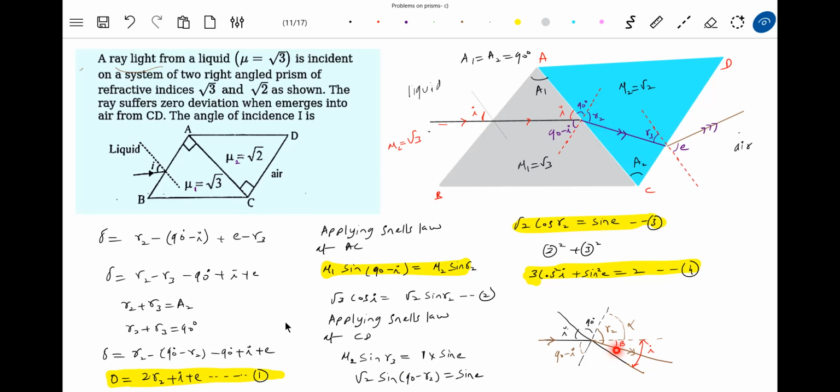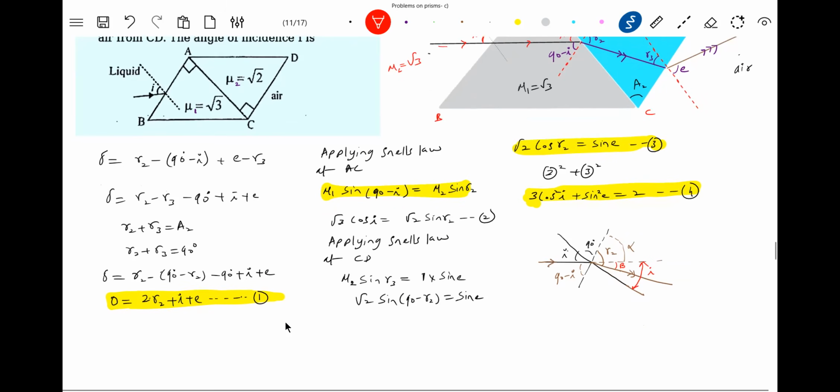We wanted alpha, no? Alpha plus 90 plus I should be equal to 180. I'll write down some equations.